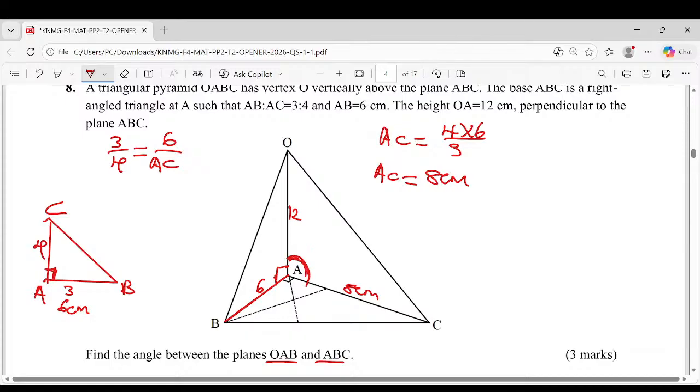In the right angle triangle OAC, we have OA as 12 and AC as 8. Are you able to see that?